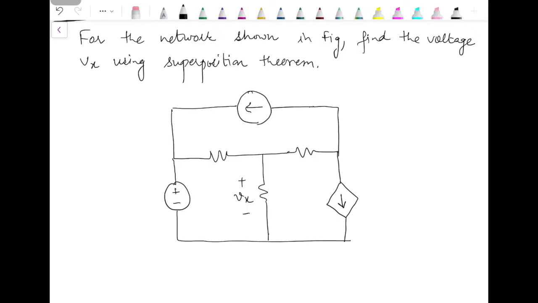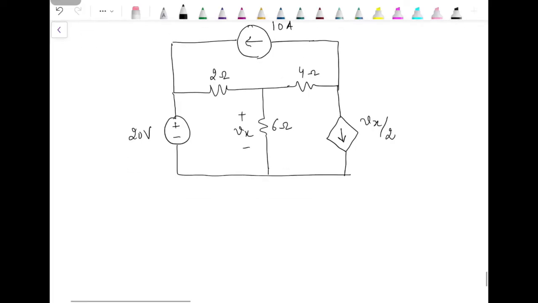Vx is the voltage across this 6 ohm resistance, and it is a voltage dependent current source which supplies current Vx by 2. So we have to solve this circuit two times.